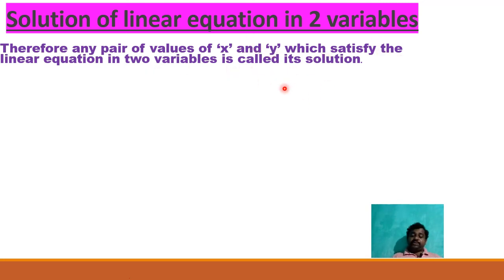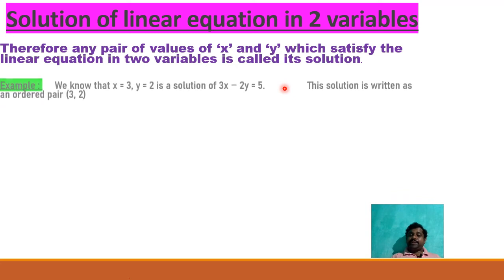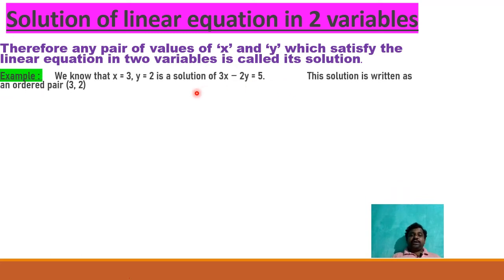For our previous example, (4, 1), (2, 3), (3, 2), (1, 4), (1.5, 3.5) are all solutions for that particular linear equation. Just observe here, 3x − 2y = 5.